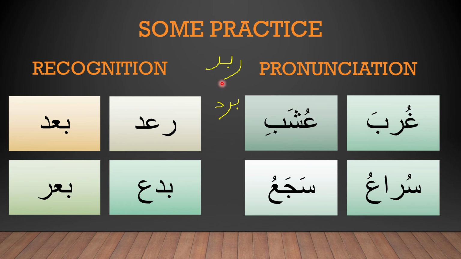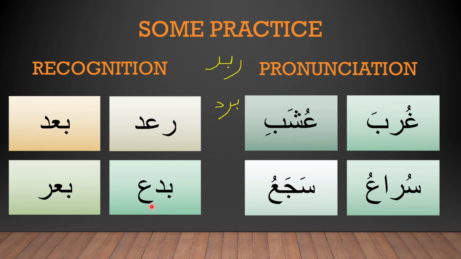Alright, so if there is a letter that does not connect with the following letter, then even if it's in the middle, the next letter will be in the beginning version. And if it is at the ending, like how here we can see, Ain is at the ending, Dal is at the ending, Dal and Ra do not connect with the following letter, then the letter will be back in the original form.